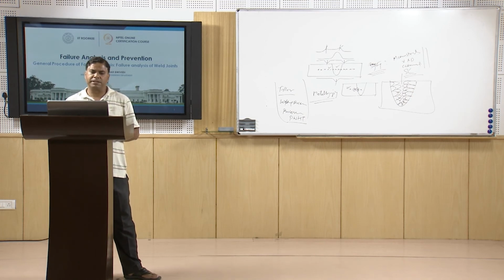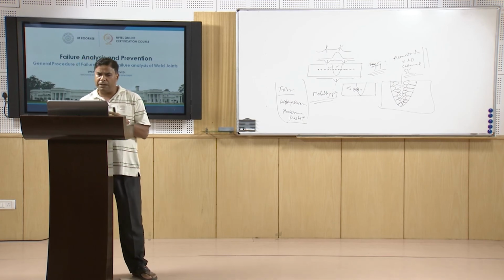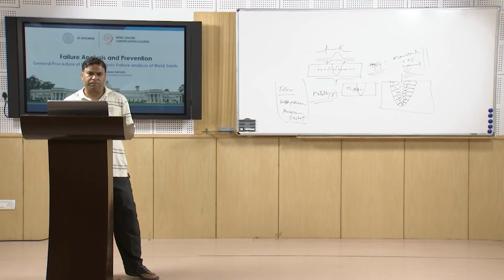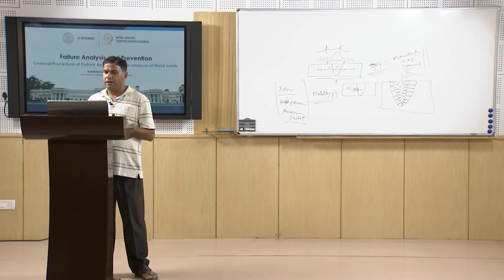So mechanical properties study, fracture initiation site and fracture mode, all these will be in one line. Basically we have to integrate all this information to see the sequence of events which would have been there, what led to the initiation of the crack and how the crack propagated during the fracture, and then we can make an informed conclusion about the failure of the weld joint.